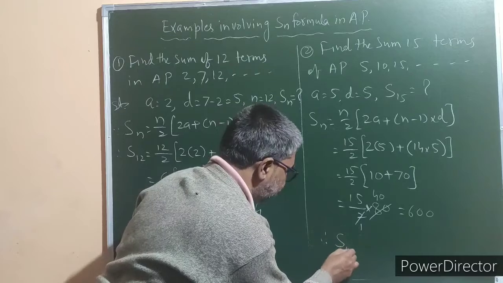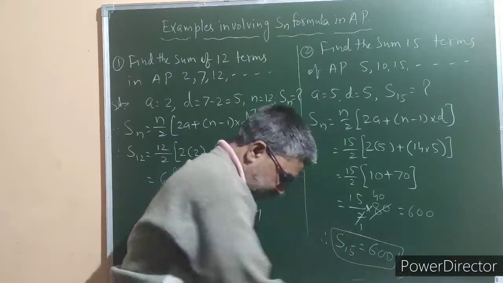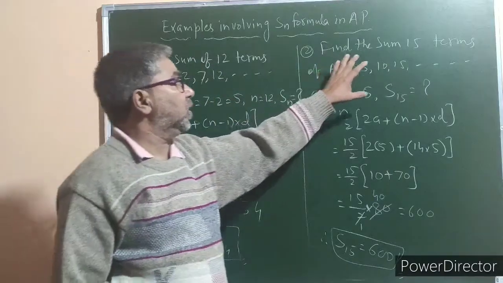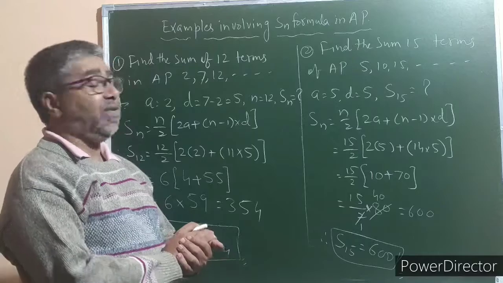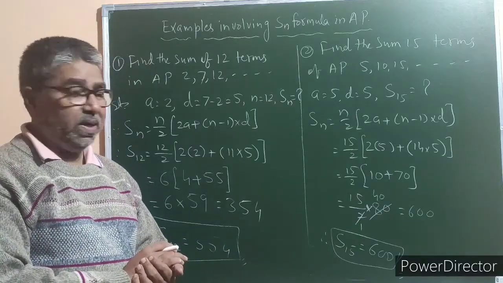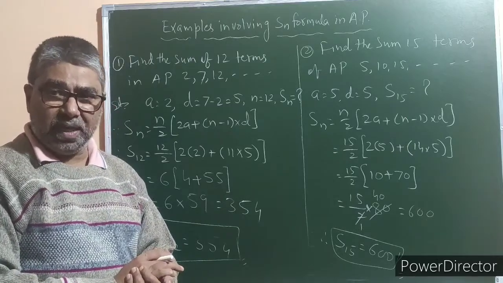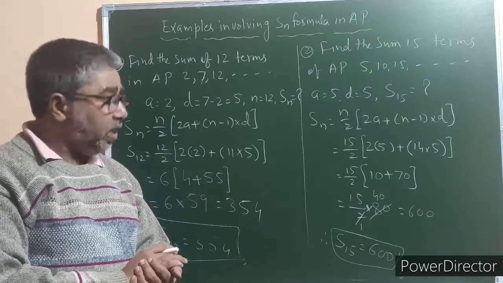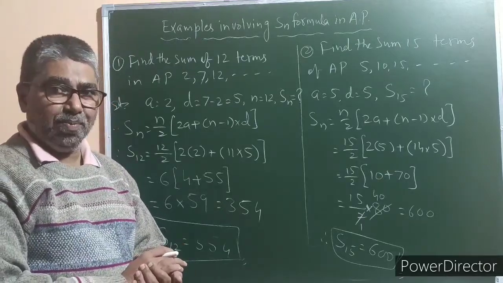Therefore S15 is equal to 600 is the answer for this particular example. So in this way, the first formula of Sn in arithmetic progression, that is Sn is equal to n upon 2 into bracket 2a plus n minus 1 into d, can be applied to solve the examples.